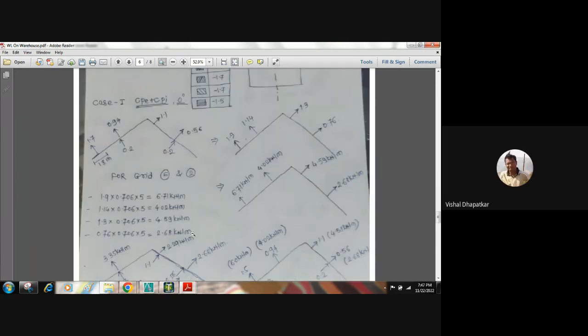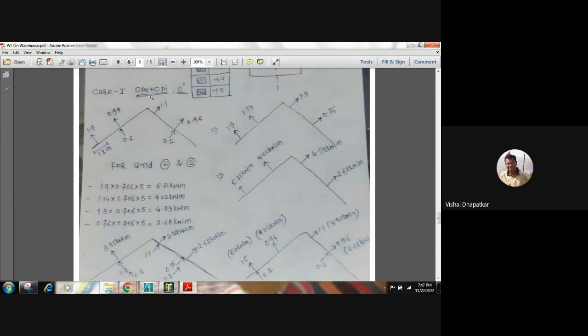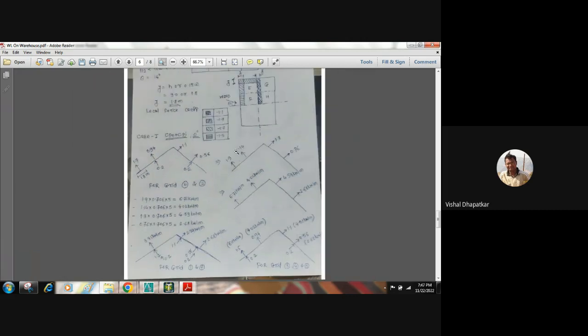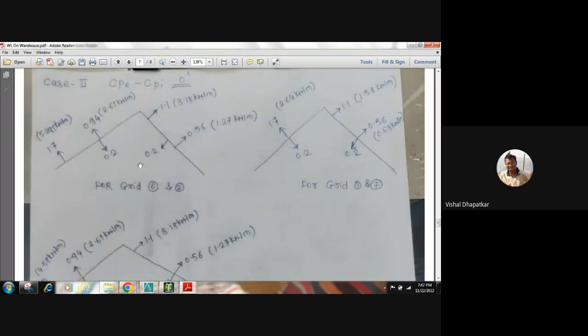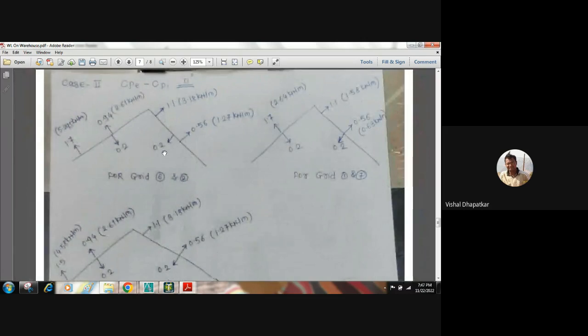So for first case, CPE plus CPI, when the wind is acting in 0 degree, we have worked out the load on the roof for all the grids. Similarly, for case 2, CPE minus CPI, but wind is acting in 0 direction. During that time, we have to work out the load. All coefficients will be the same except the internal pressure coefficient is acting away from the roof when we are considering the minus CPI.